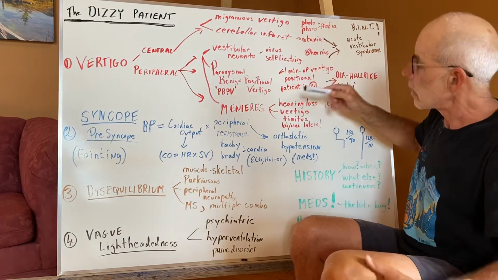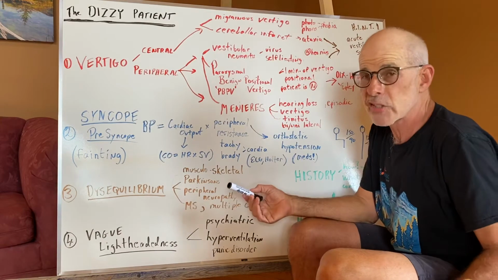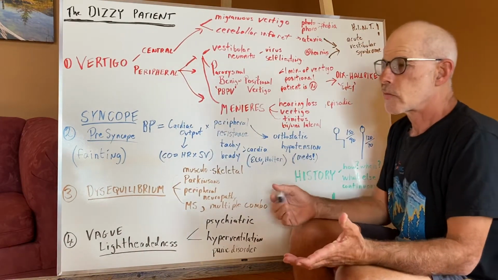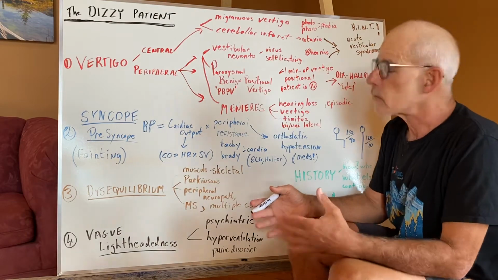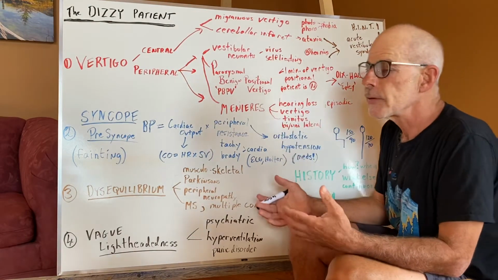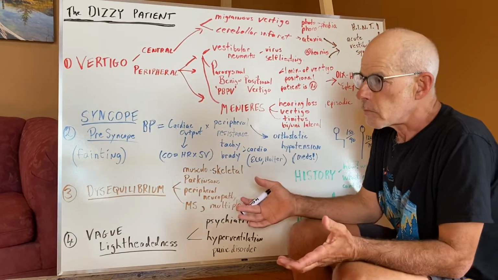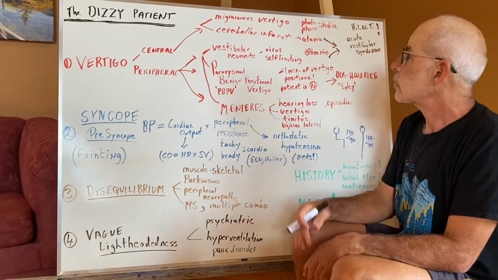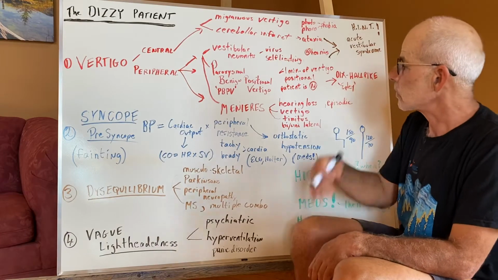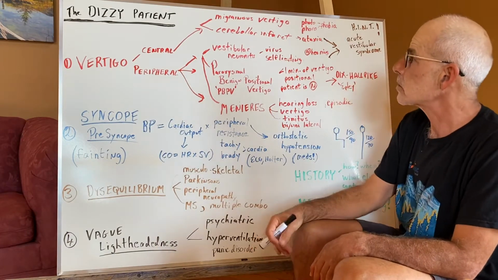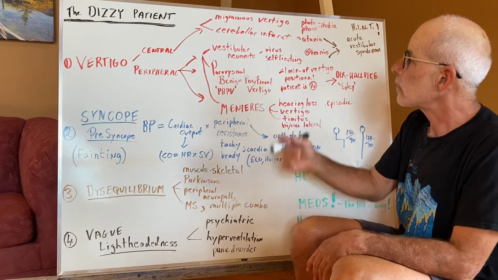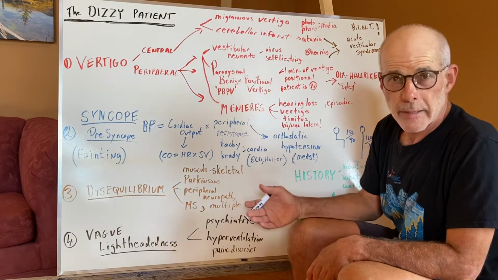Cerebellar infarct can present just with vertigo, but of course, because of the posterior circulation being involved, you can get other cranial nerves involved. You can get some long tract findings and limb ataxias if the midbrain is involved.